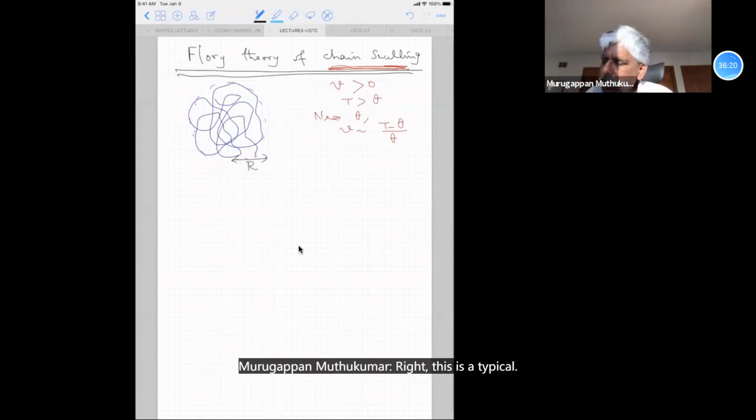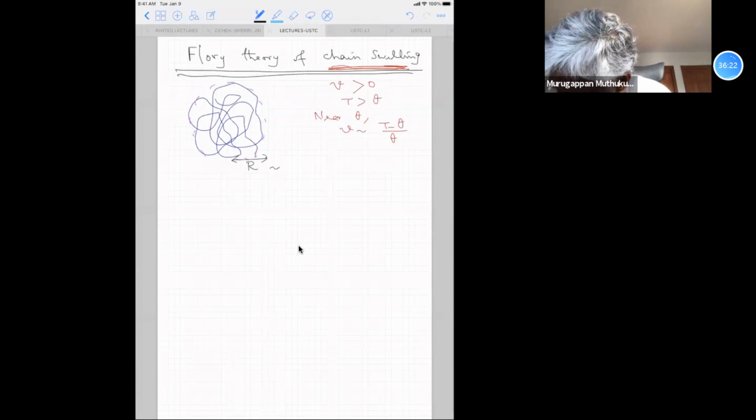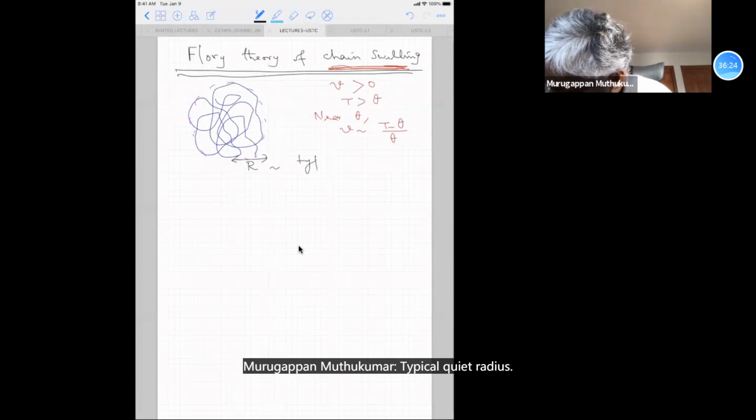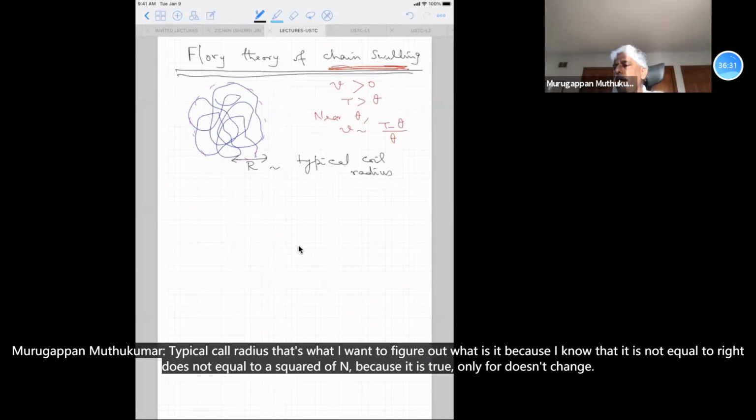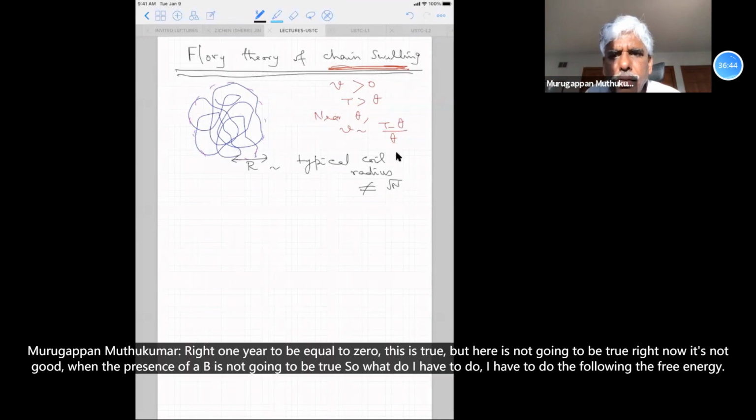This is a typical coil radius. That's what I want to figure out. Because I know that it is not equal to square root of N, because this is true only for Gaussian chains, only at V equal to 0. In the presence of V, it's not going to be true.